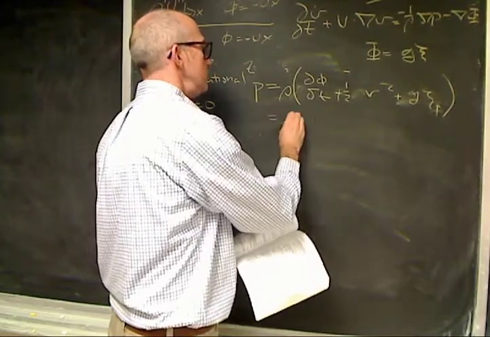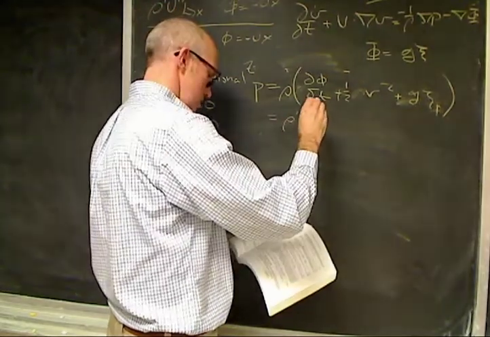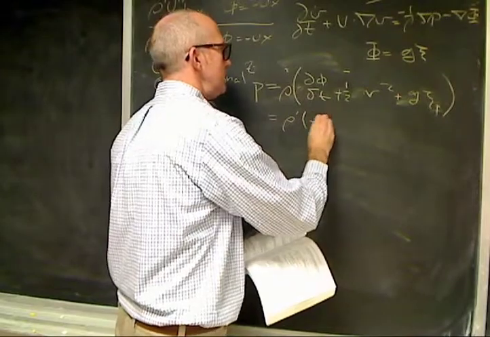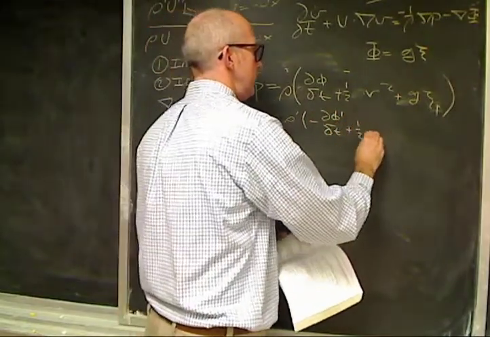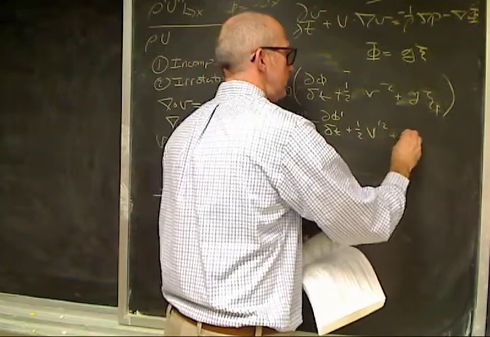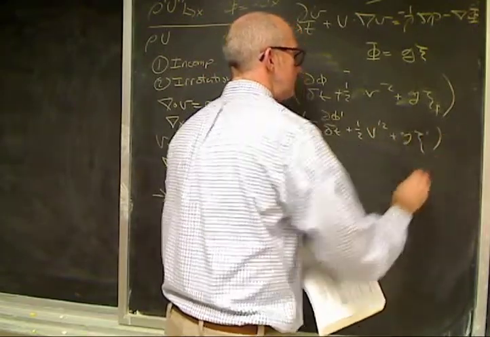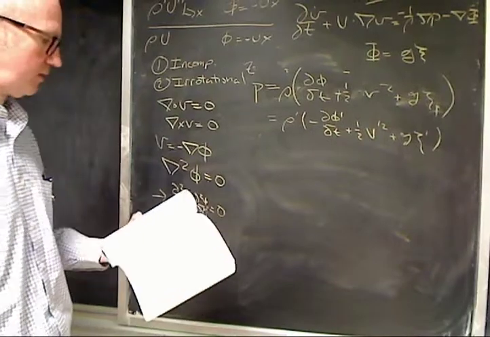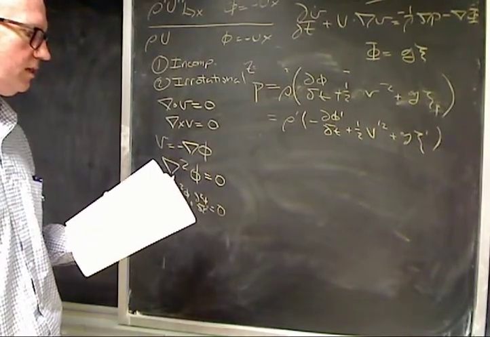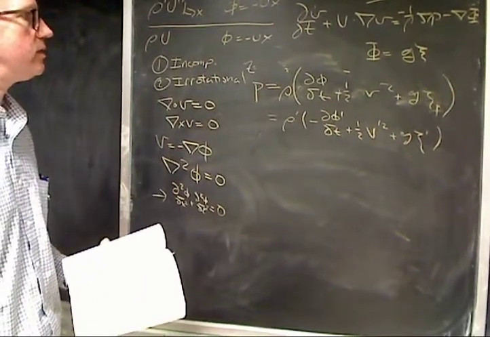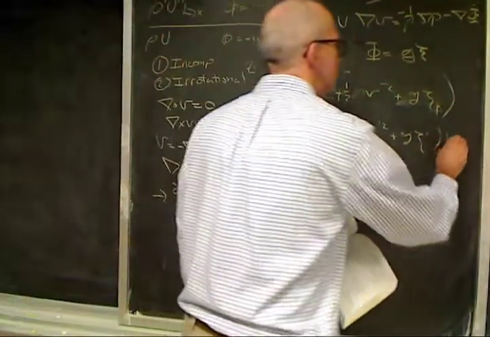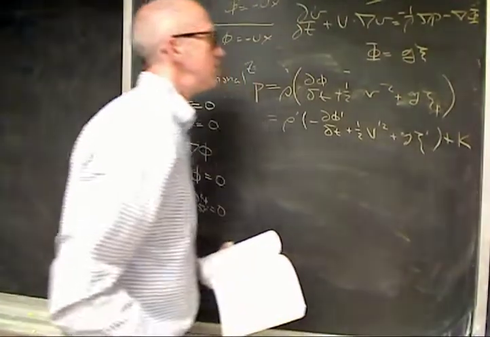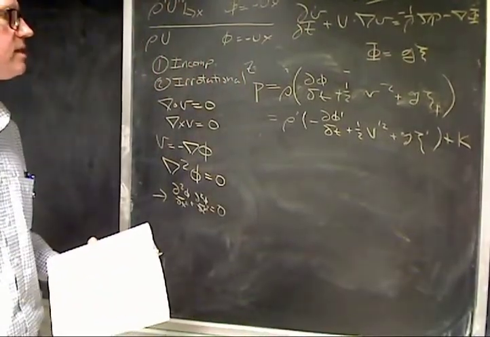Also equals rho prime times minus d phi prime dt plus 1/2 v prime squared plus g c prime. So these two things are equal, plus some constant. I forgot about that constant.